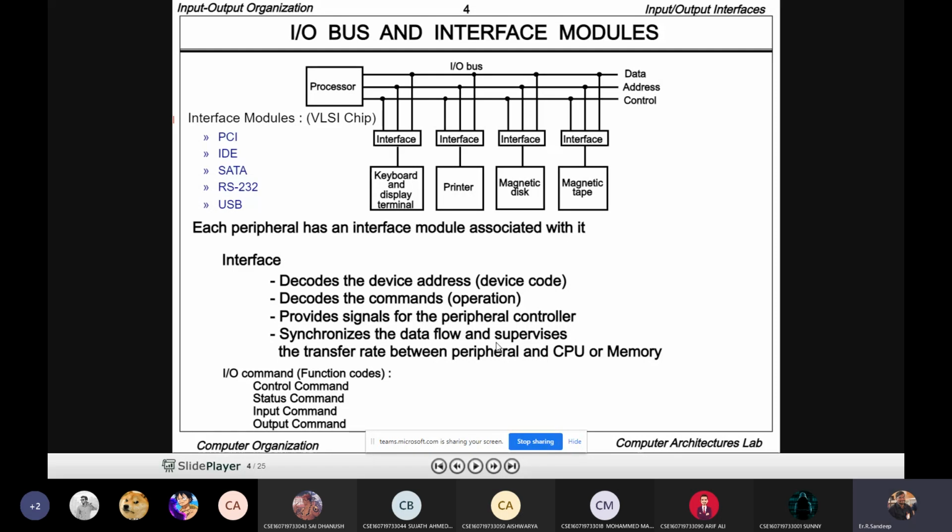It also looks after the data transfer rates between the peripheral and the CPU. Comparatively, the CPU has high speed compared to the peripheral devices.